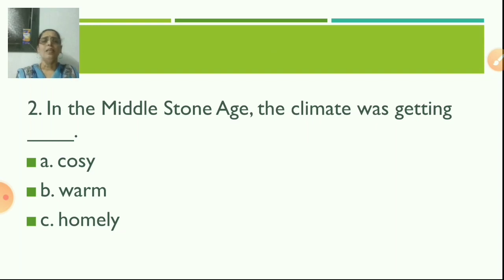Second, in the Middle Stone Age, the climate was getting dash. A. Cozy, B. Warm, C. Homely. And what will be the answer? Yes, B. Warm.